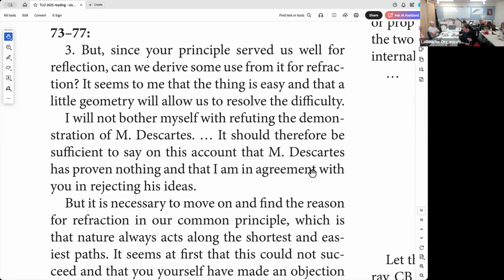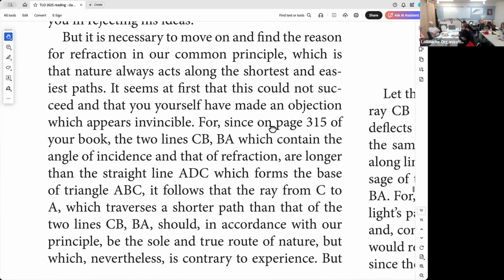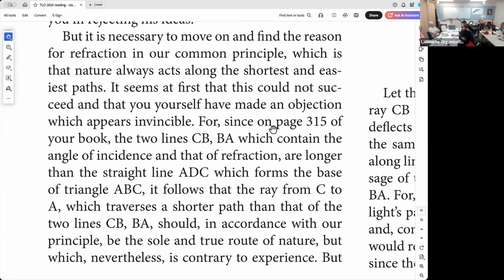Monsieur Descartes has proven nothing, and I am in agreement with you in rejecting his ideas. But it is necessary to move on and find the reason for refraction in our common principle, which is that nature always acts along the shortest and easiest path. It seems at first that this could not succeed, and that you yourself have made an objection which appears invincible.